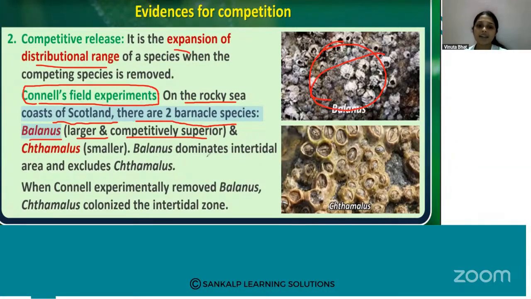Balanus dominates the intertidal area and excludes Chthamalus. When Connell experimentally removed Balanus, the other type of organism colonized the intertidal zone.